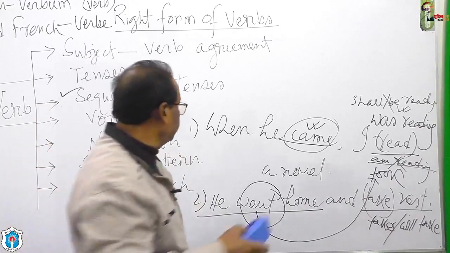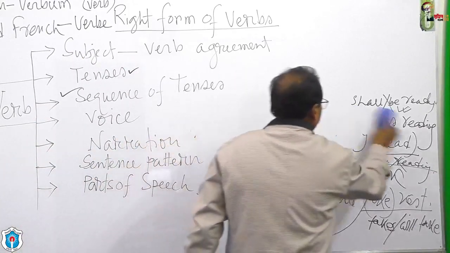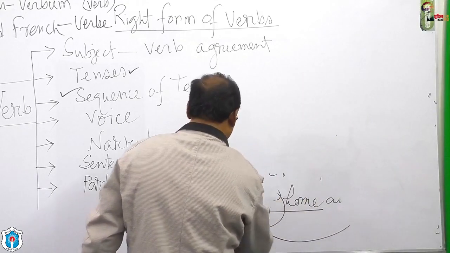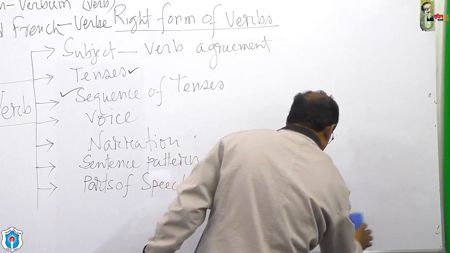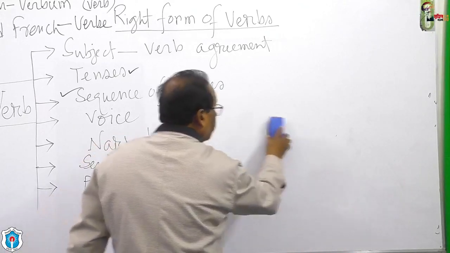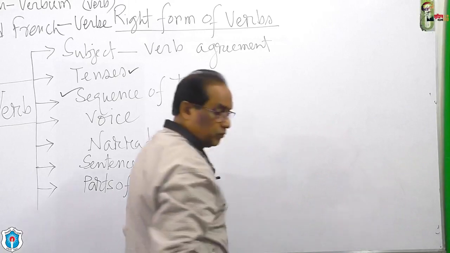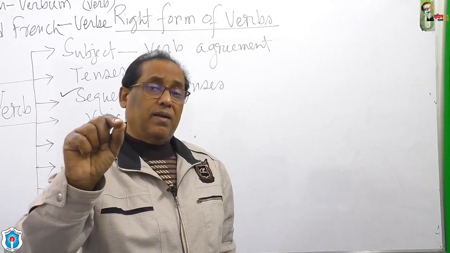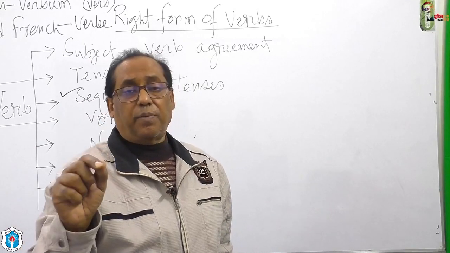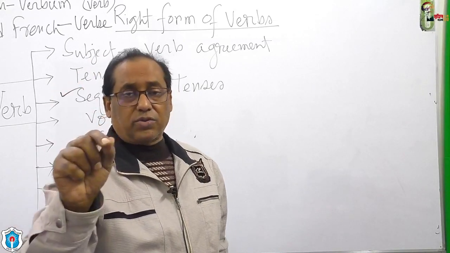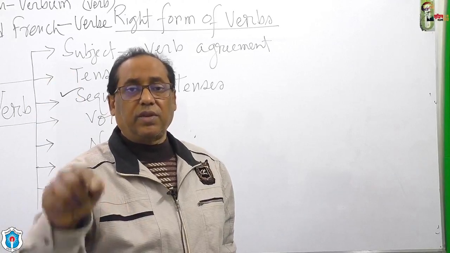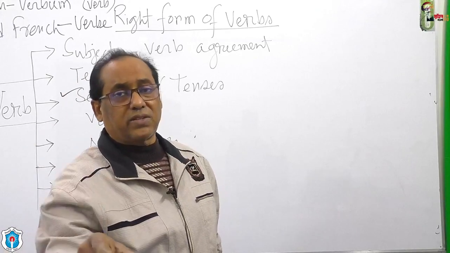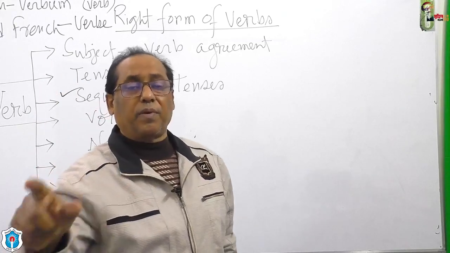Another example. So this is a rule. If the verb of main clause or principal clause is past tense, the subordinate clause also takes the form of past tense.